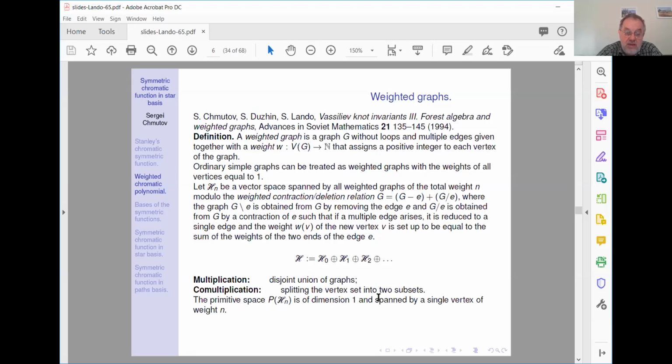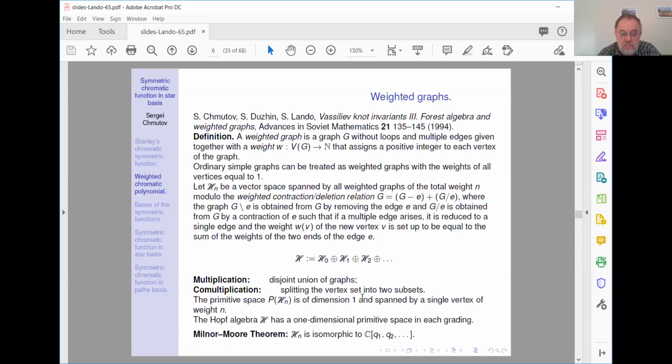It is spanned by a single vertex, the graph which consists of a single vertex, but the weight of that vertex is n. And so that is the classical theorem that each such commutative and co-commutative Hopf algebra is isomorphic to the polynomial algebra in variables, and those variables correspond to the basis of the primitive space. And again, for each weight there is only one primitive element.